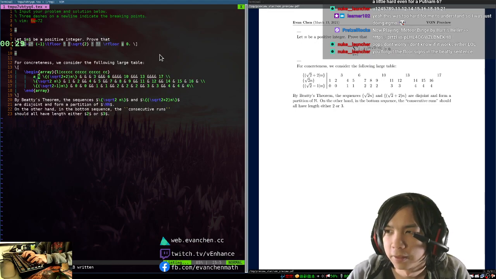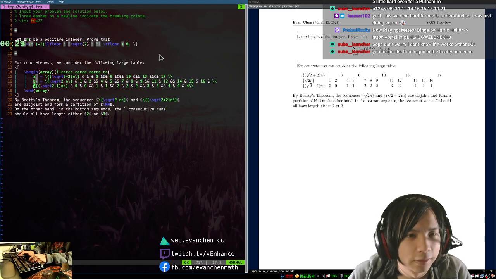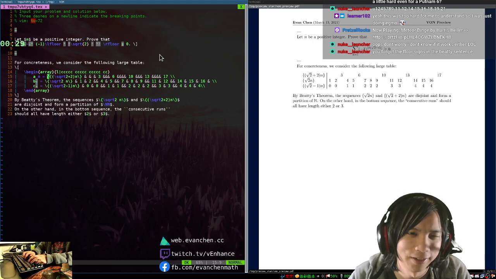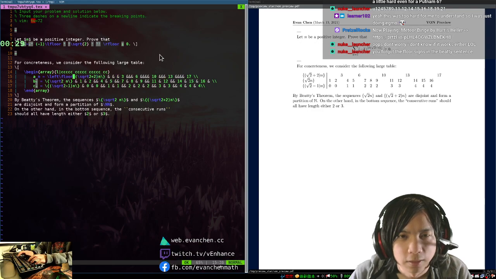AN equals this, BN equals this, CN, oh, I did fractional parts. No. Oh, this is annoying. Record macro. Change left L floor, right R floor.